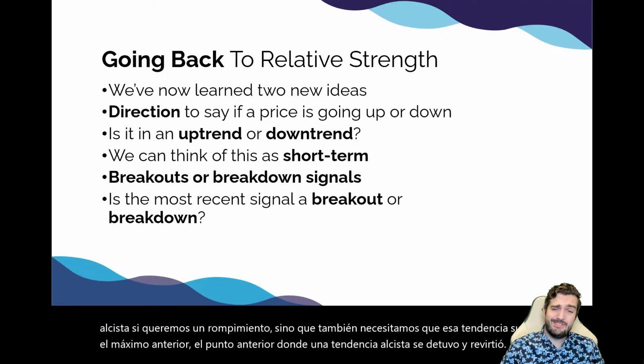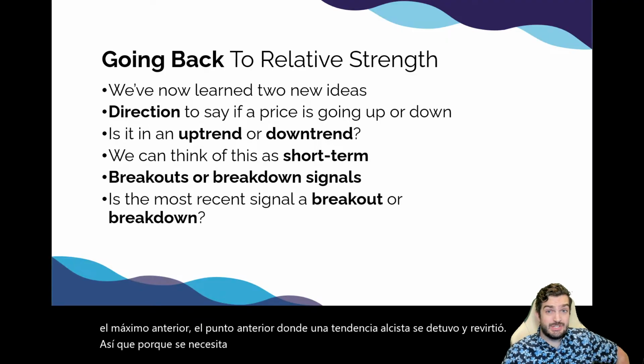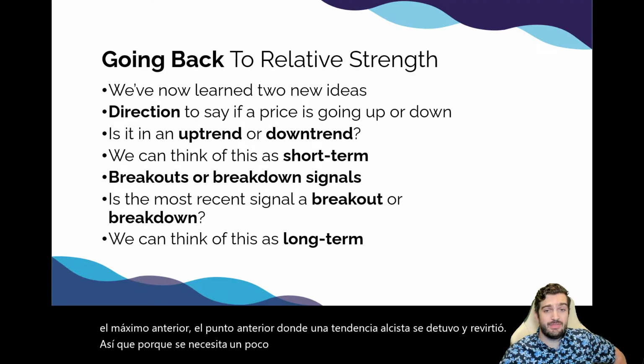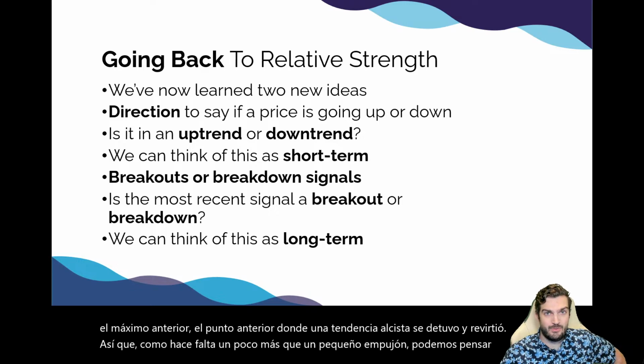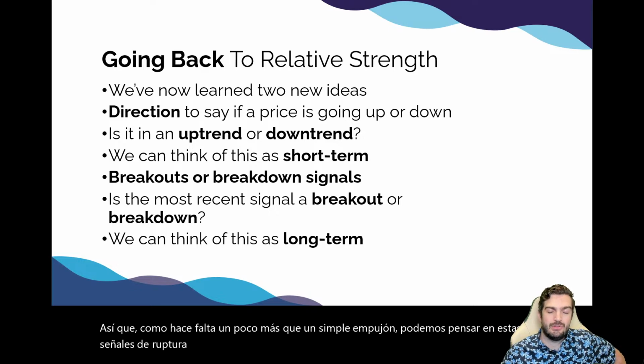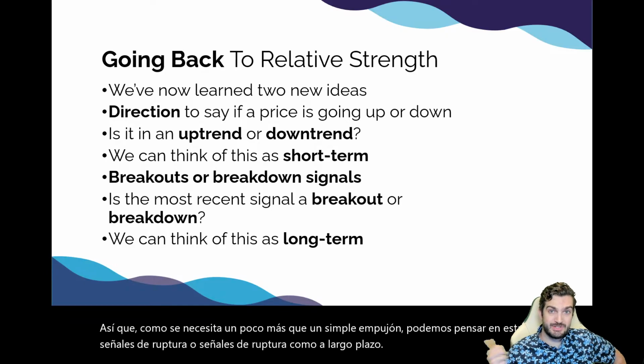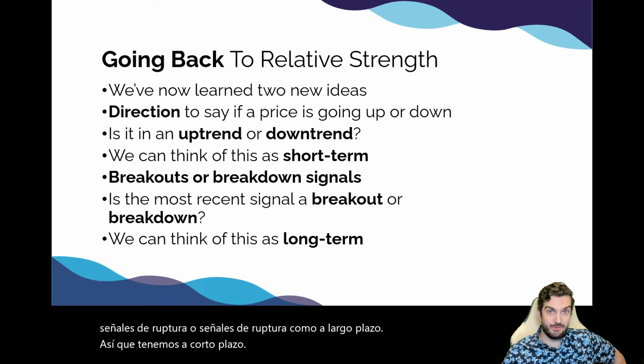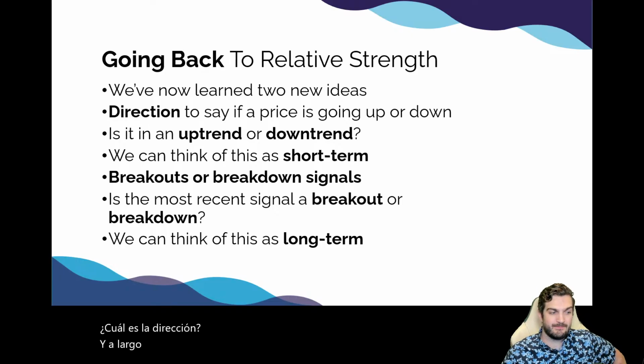So, because it takes a little bit more than just a little nudge, we can think of these breakout or breakdown signals as long-term. So, we have short-term, which is the direction, and long-term, which is the signal.